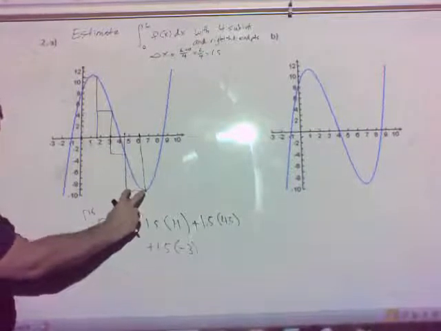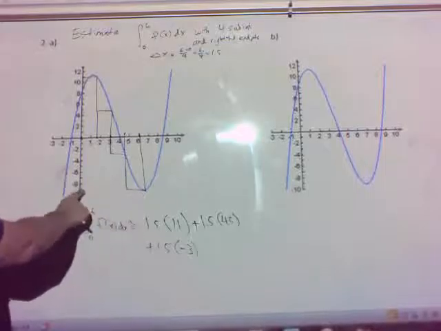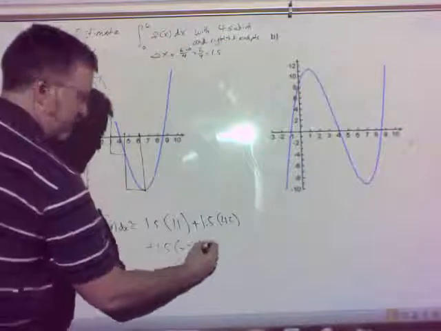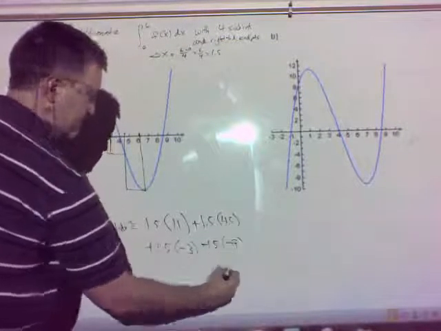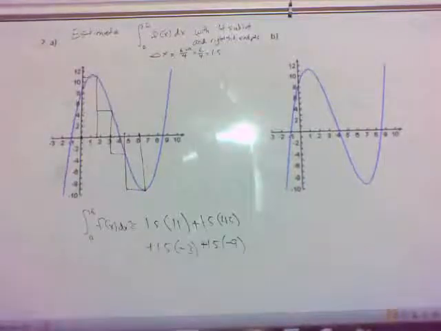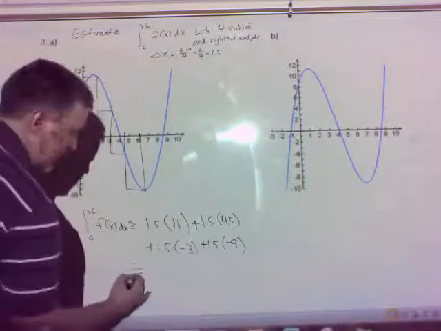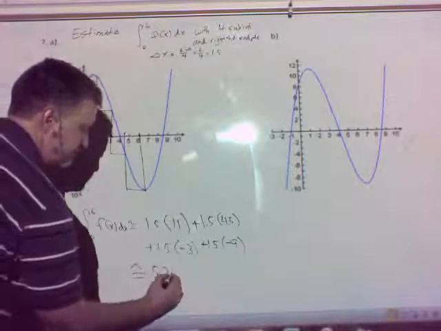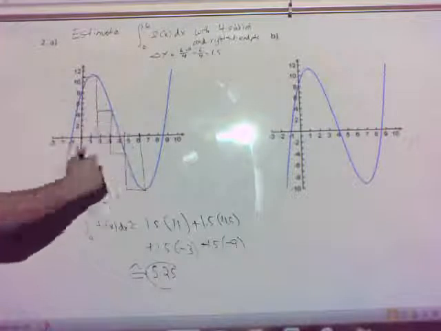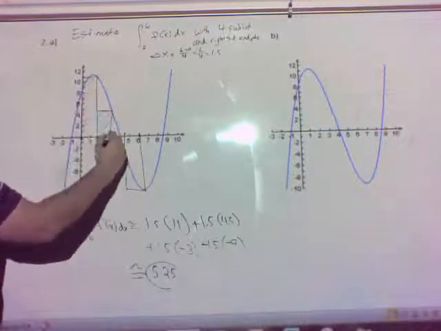Okay, and so that would be -9. So it'd be 1.5 by -9. So it looks like we're going to come out positive in the end. So the integral is approximately 5.25 because that is the net area we get with these rectangles.